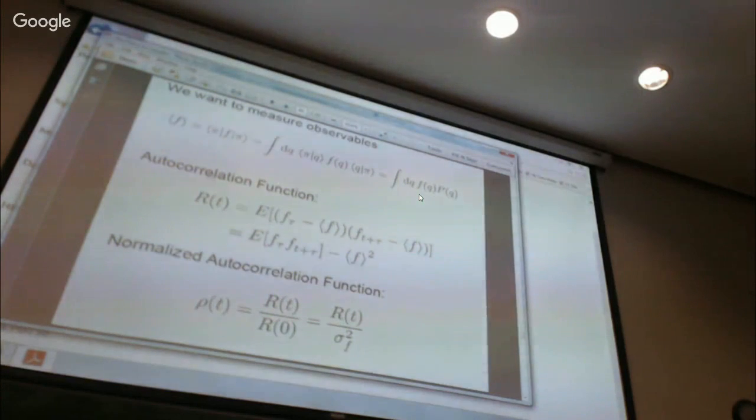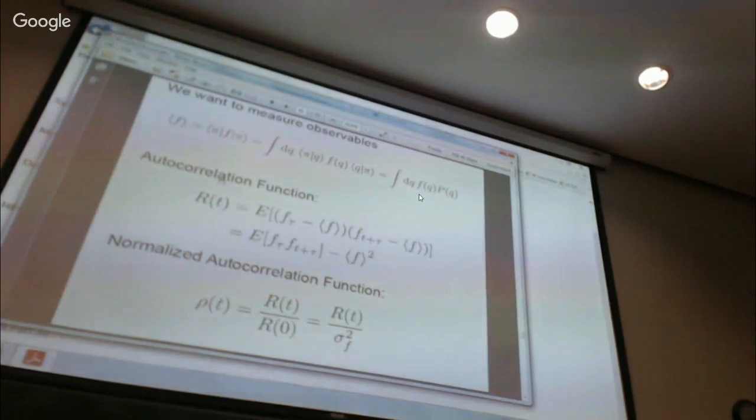We can define this thing, an autocorrelation function. Now, these f sub tau and f sub t plus tau are this observable f measured on different elements of the Markov chain. So you'll see here that it doesn't necessarily matter what tau is, it just matters the separation between this one and this one. This quantity here, the expectation value of the product of fluctuations, is called the autocovariance.